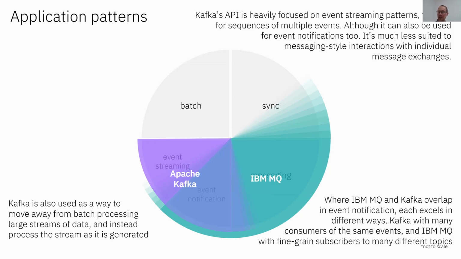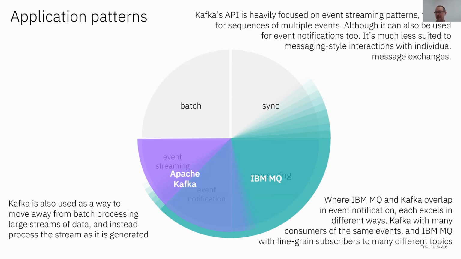That's definitely the whole point of Kafka. But it's also a good product for event notification, and we do sometimes see a bit of overlap into what we would say is MQ's more effective space of traditional messaging as well.